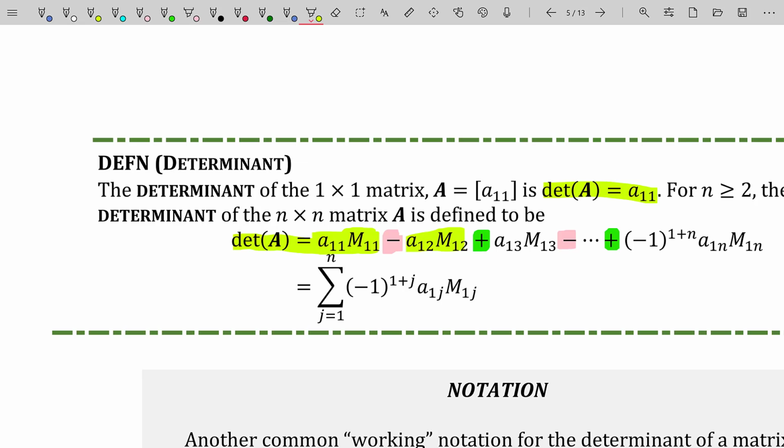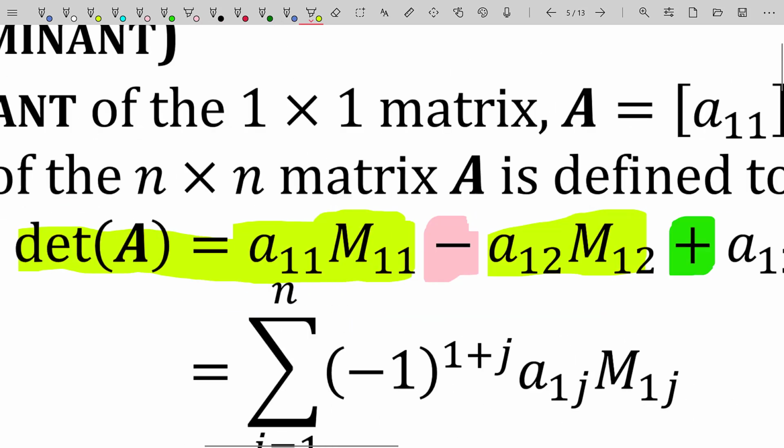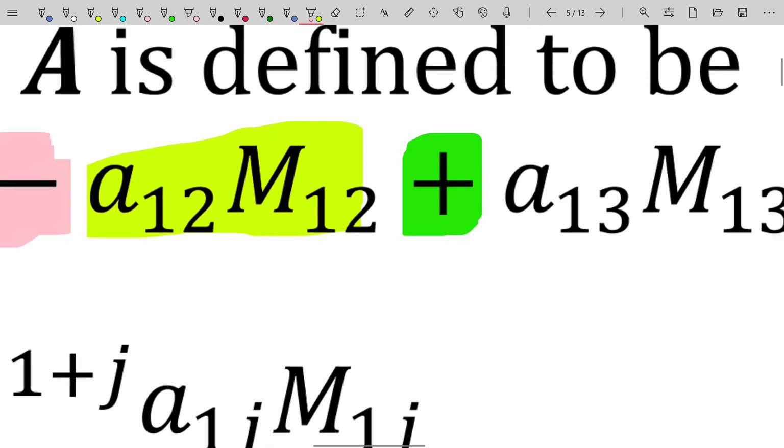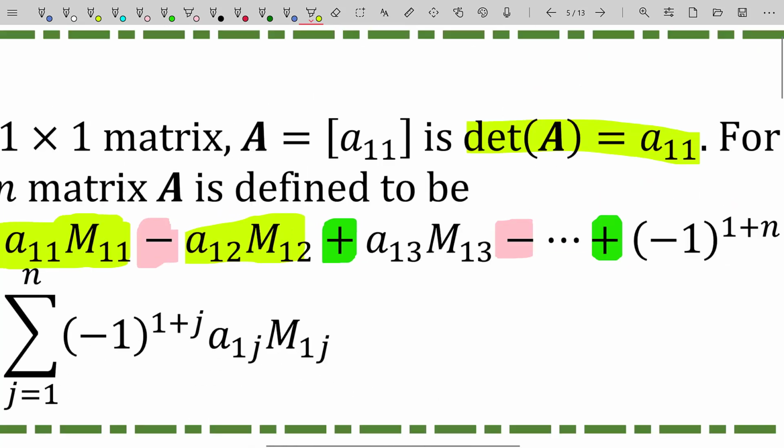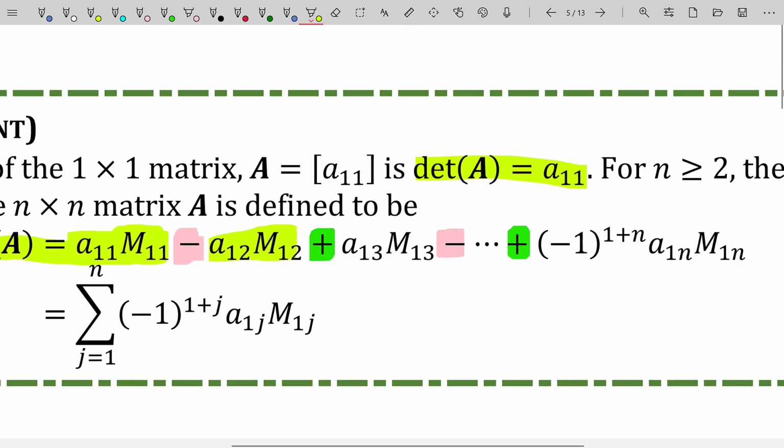It's alternating. It starts positive, then goes to negative, then positive, then negative, and so on and so forth.